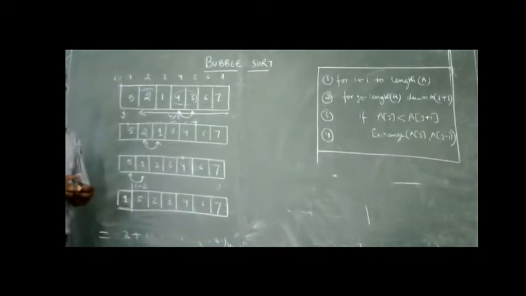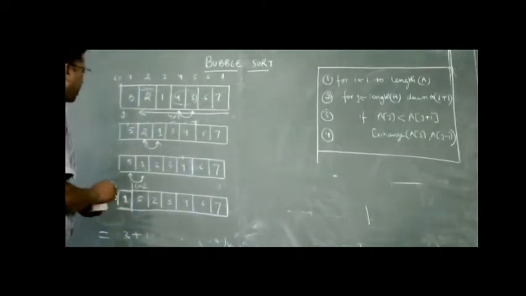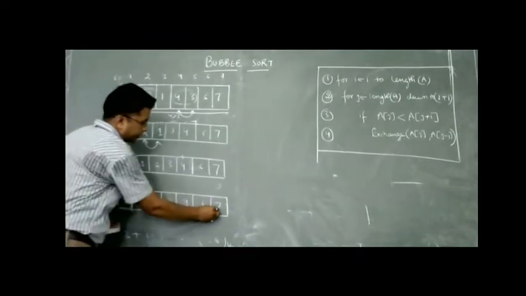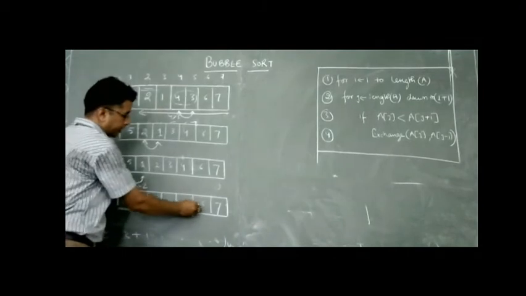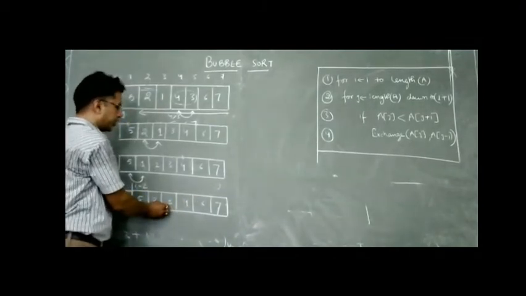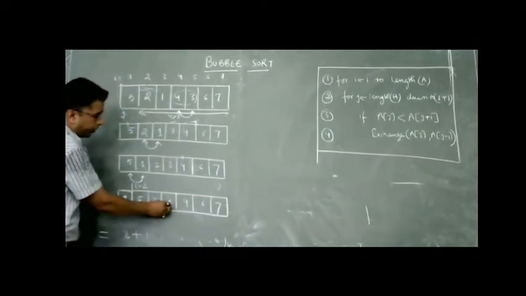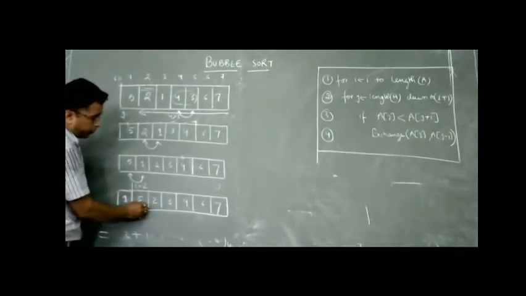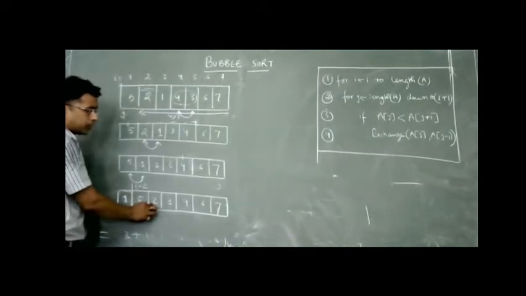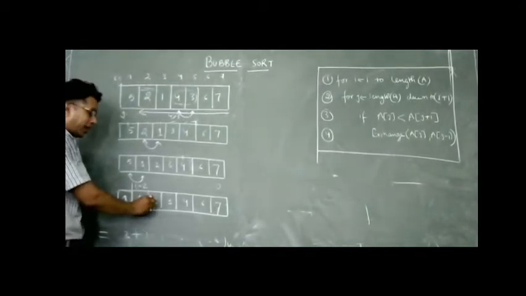hand side. Suppose here, I shall show you again, comparing 6 and 7 condition is satisfied, and 4 and 6 condition is satisfied, 3 and 4 condition is satisfied, but between 2 and 5 there is a difference: the element on the left hand side is greater than the element on the right hand side.